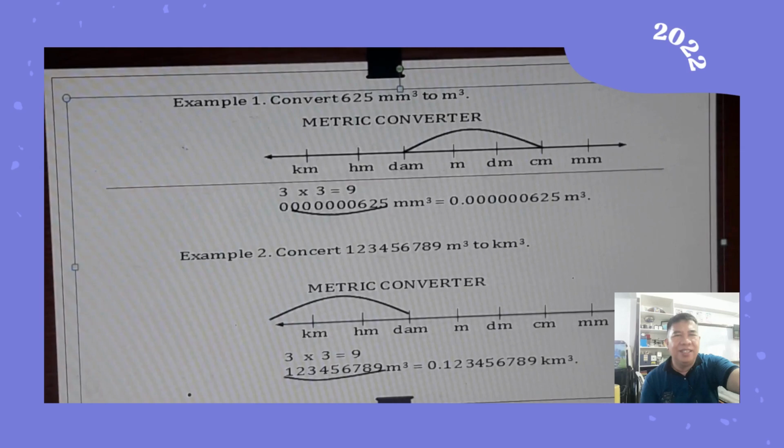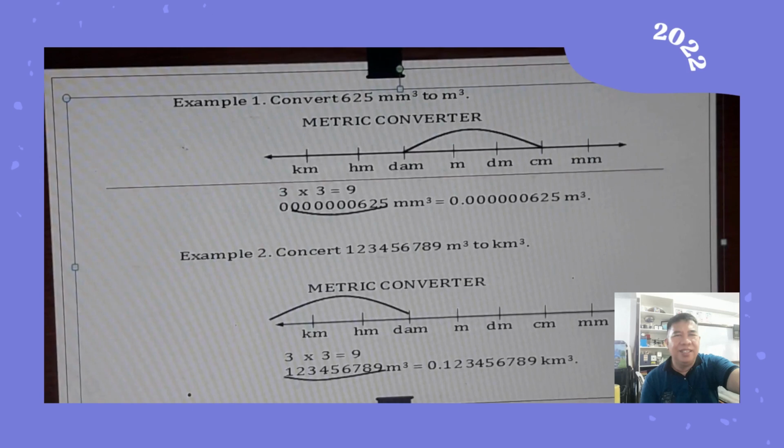Now, since you're moving from millimeters 3 times towards meters, 3 times 3 is equivalent to 9. Meaning to say, from the original given, you have to move the point 9 times to the right. Since the given is 625 cubic millimeters, the whole number is 625.